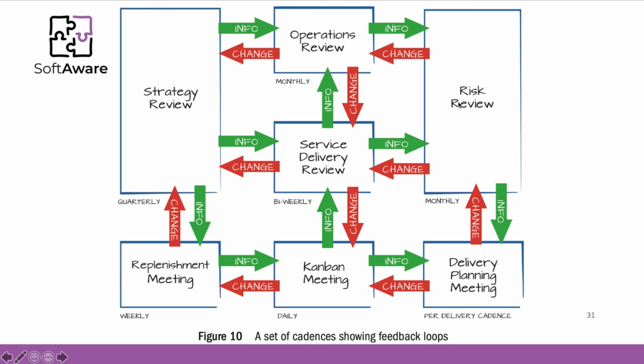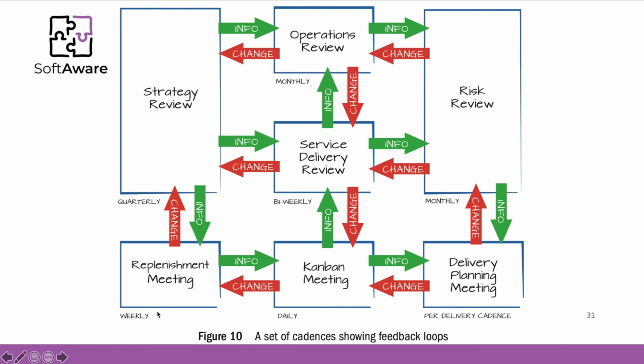In risk review, the idea is to understand and respond to risks to delivery of services. The service delivery review should be considered one service at a time, per service, where the idea is to examine and improve the effectiveness of each service.